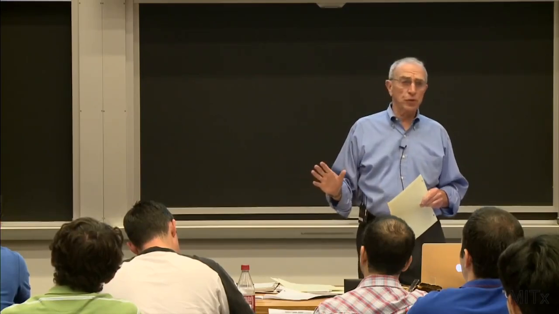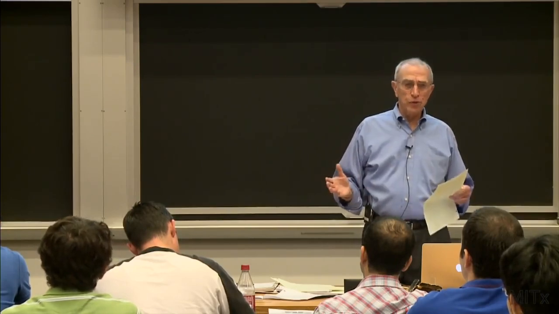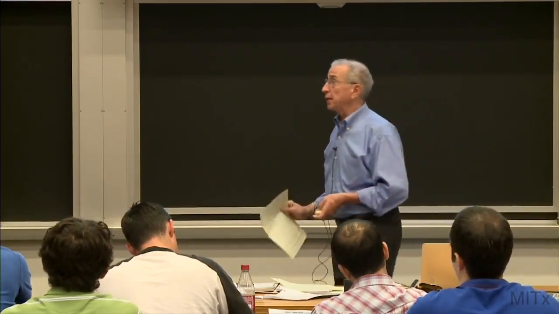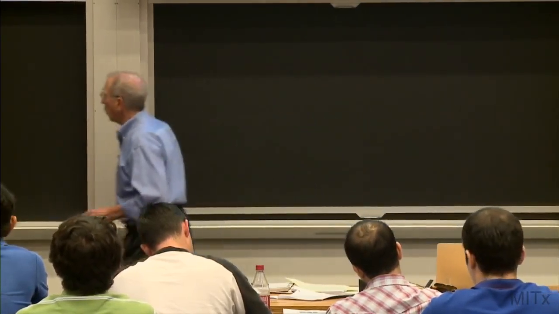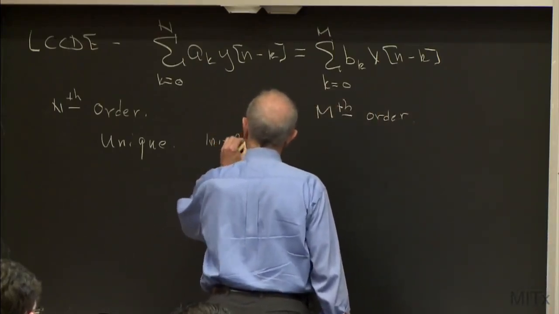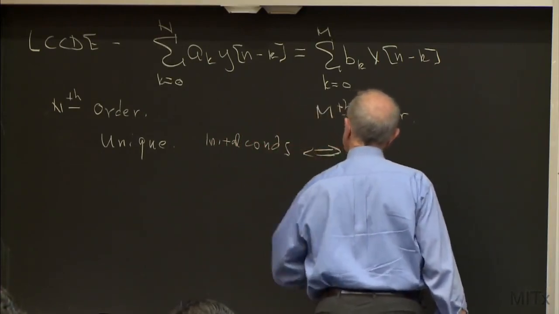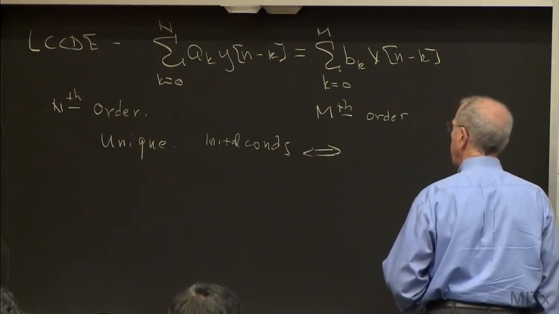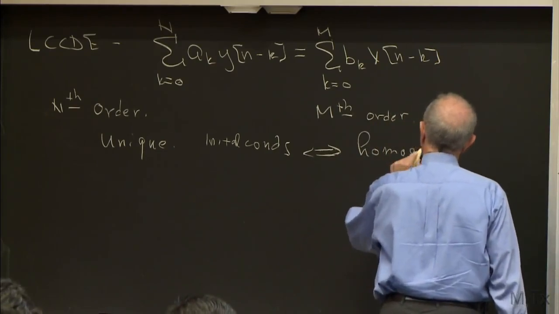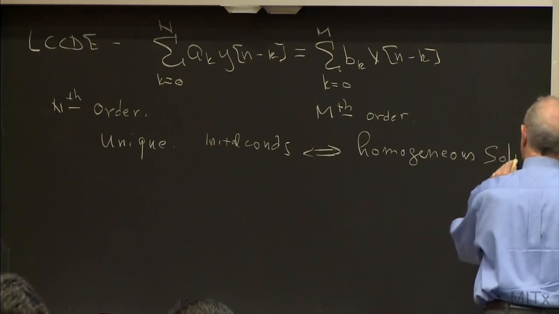Well, the answer is it does not. And there are multiple reasons for that. So one reason is that there's the whole issue of initial conditions, or that kind of relates to the homogeneous solution.